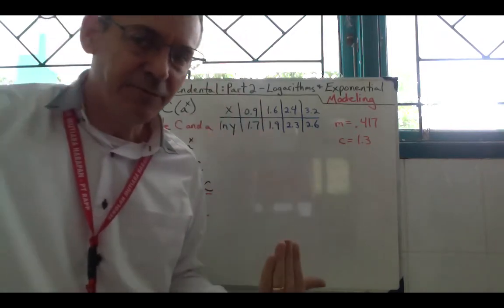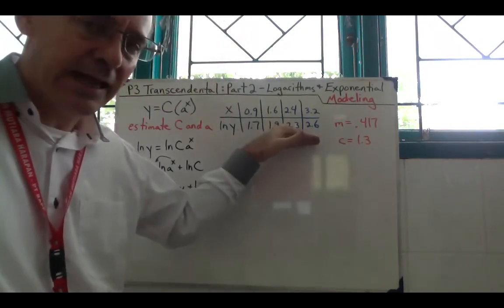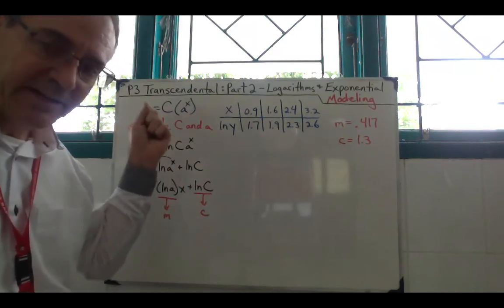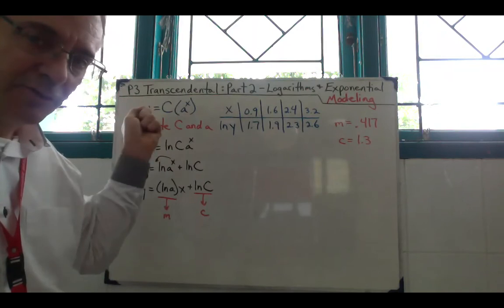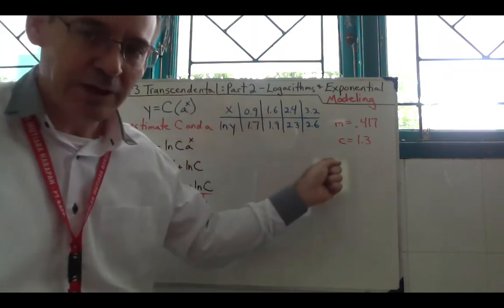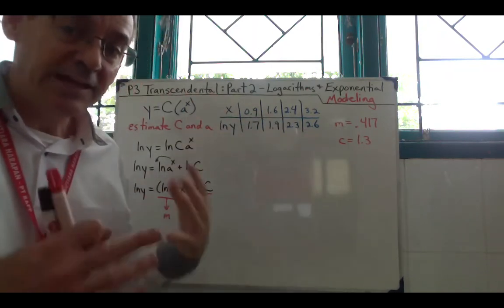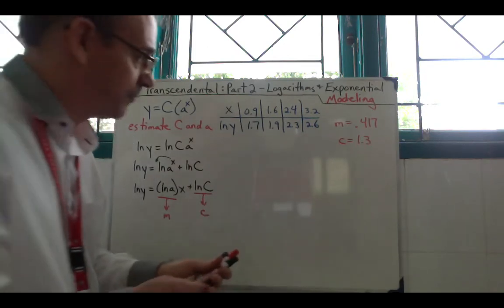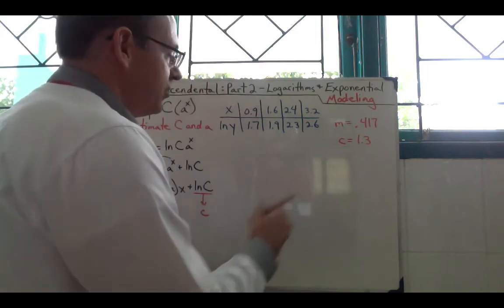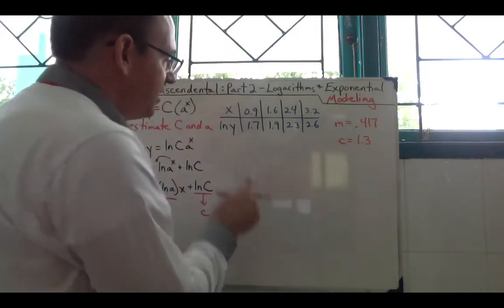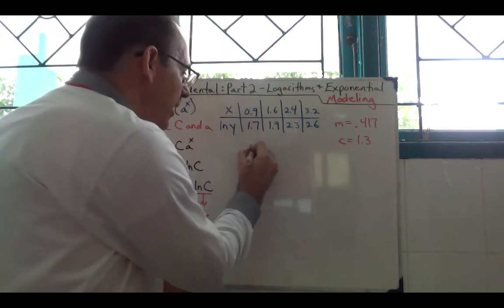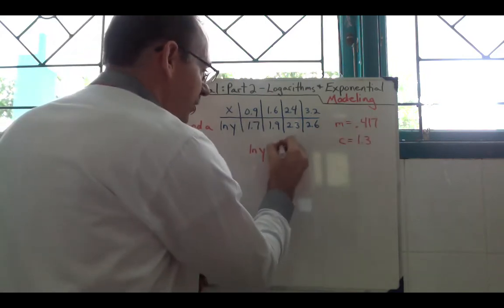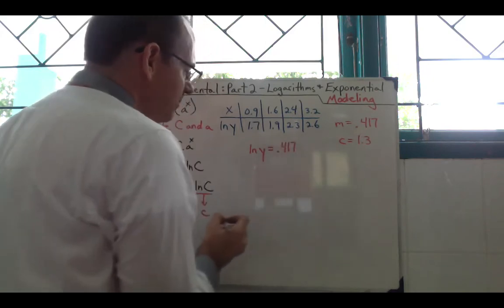So like I said before, you can either go from the line to your model. Here they've provided a general form of the model. You can also go from the model to the line. So let's start with going from the line to the model. In this case, we're going to do y equals mx plus c, but our y is ln y, and our m is 0.417.